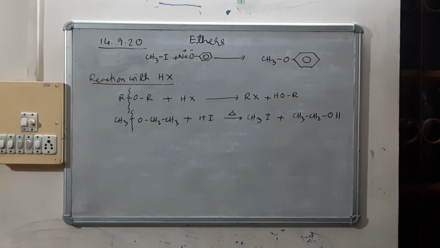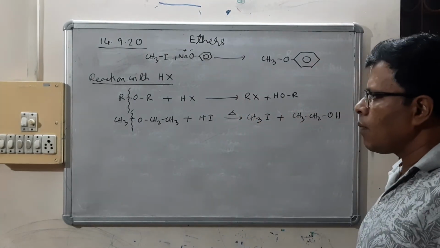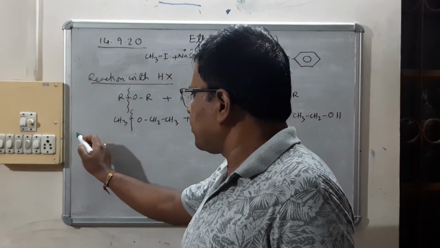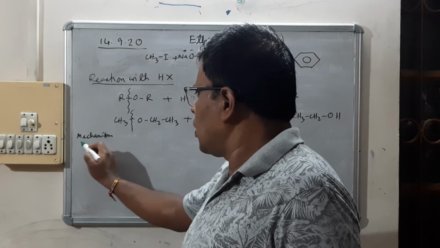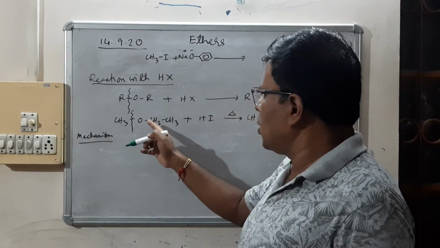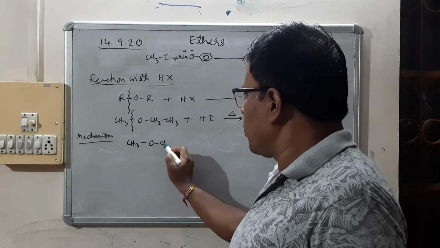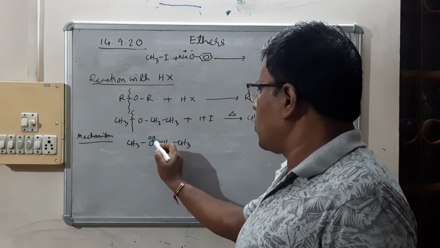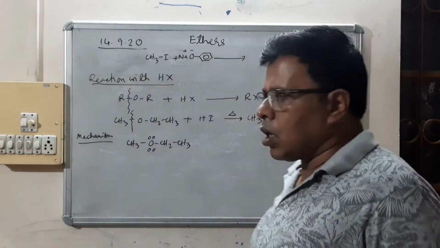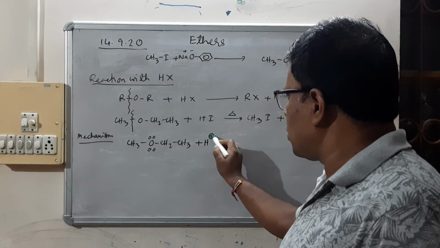And let us discuss the mechanism of this reaction. How can this be explained? Mechanism, let us do the mechanism. So this is the ether CH3OCH2CH3, and the first step once again is protonation.